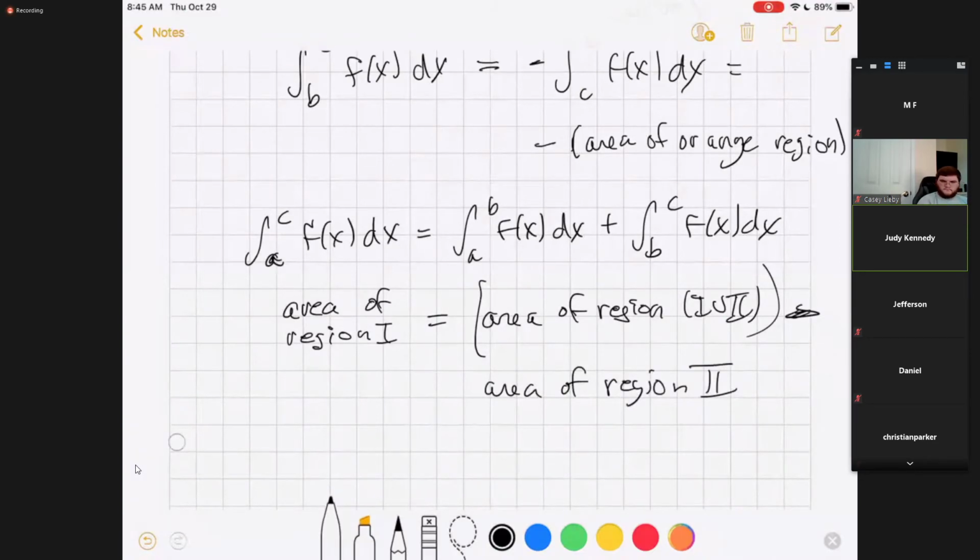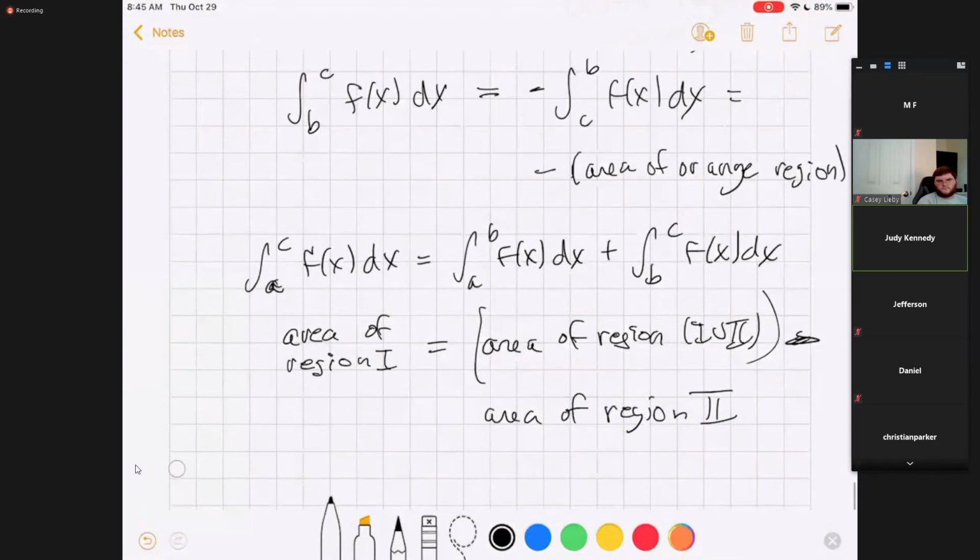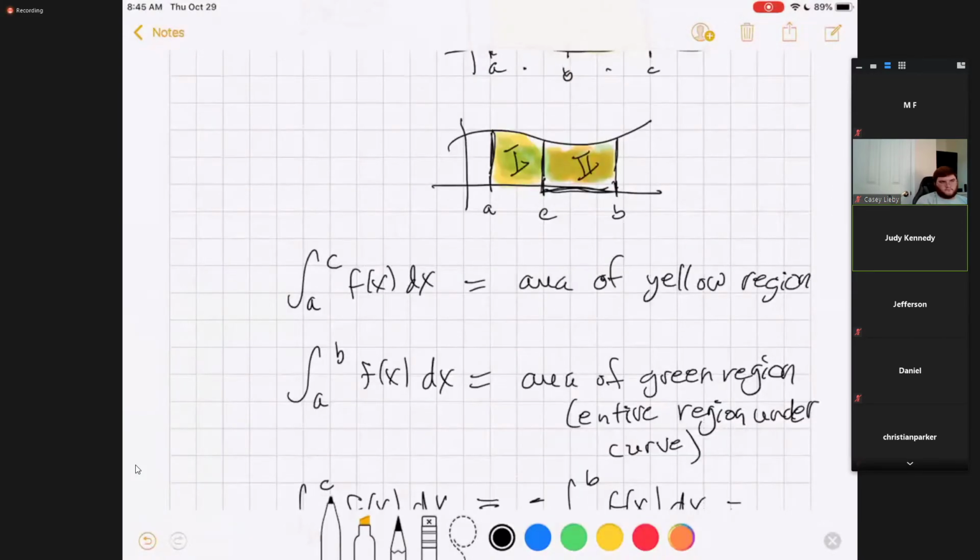And that makes sense, right? If you want the area of the entire region, and you've got that area, you subtract the entire area minus the region 2 area to get the region 1 area.